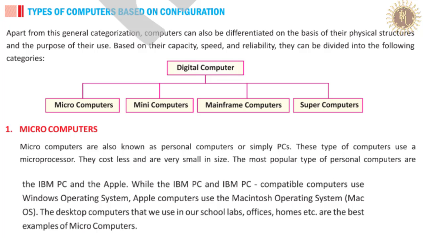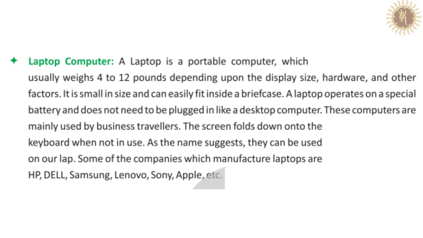While IBM PCs and IBM PC-compatible PCs use the Windows operating system, Apple PCs utilize the Macintosh operating system, Mac OS. The personal computers that we use in our school labs, workplaces, homes and so on are the best examples of microcomputers. Let us see some common microcomputers in daily use.